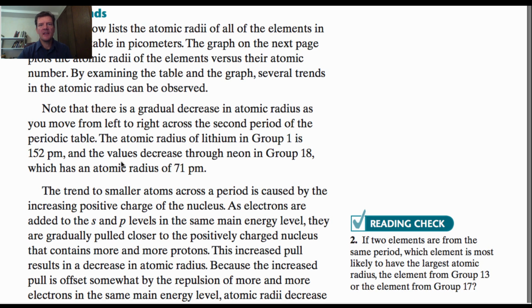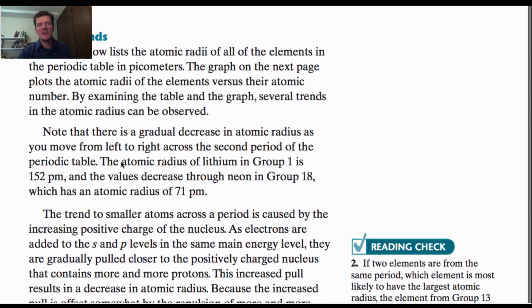Now, why is that important? Because there's a trend in the atomic radius on the periodic table. There's a gradual decrease in the atomic radius as you move from left to right. And we'll talk about these trends here on the periodic table.